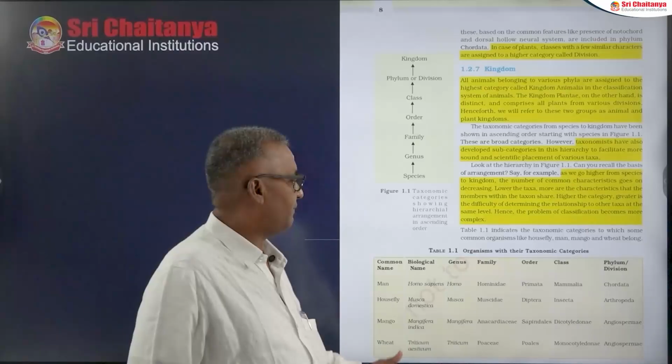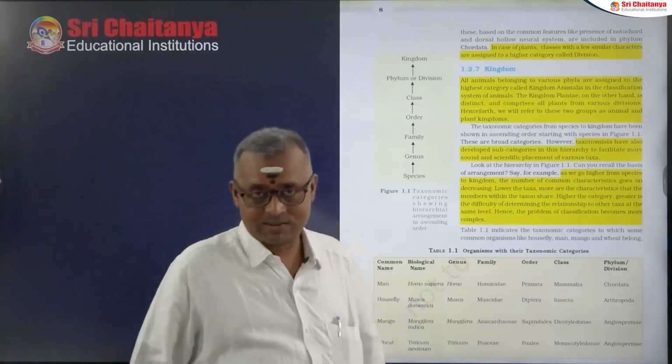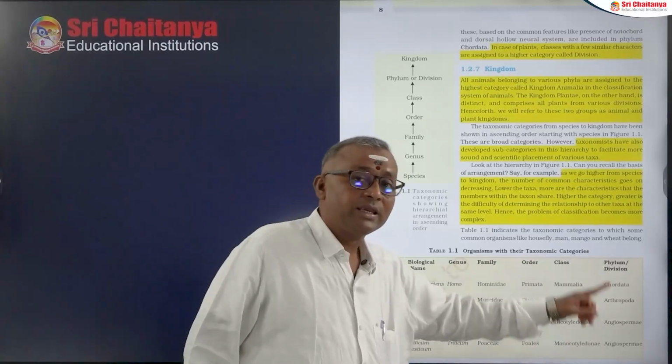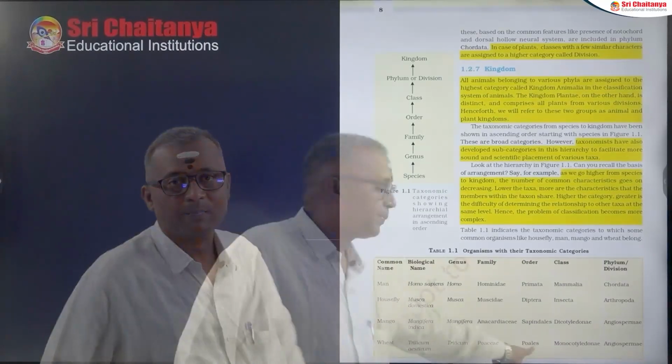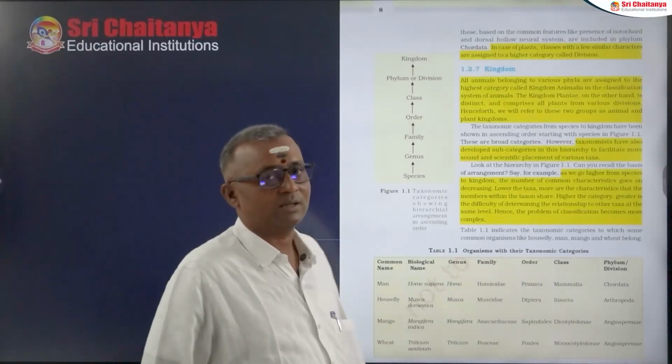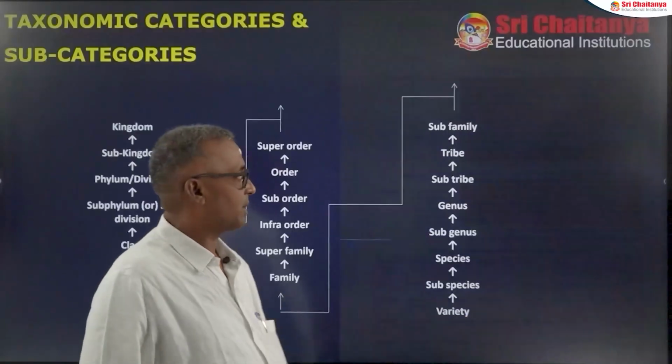Similarly, in case of plant orders, we use the suffix ALES, as in Sapindales and Poales. These are the suffix letters. Understood? This you have to remember.